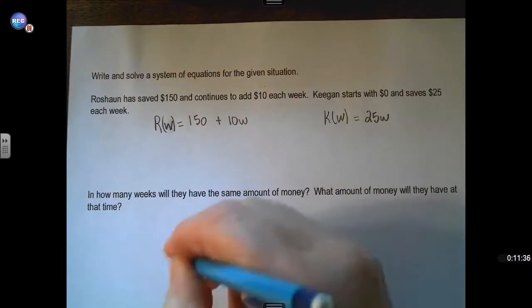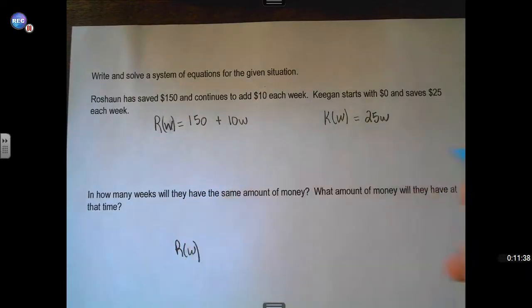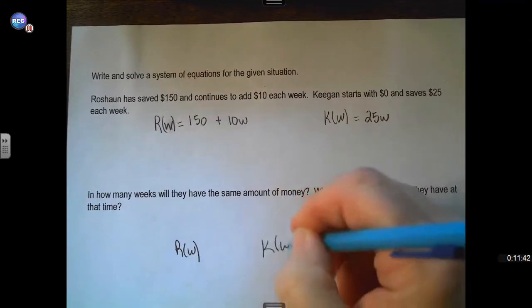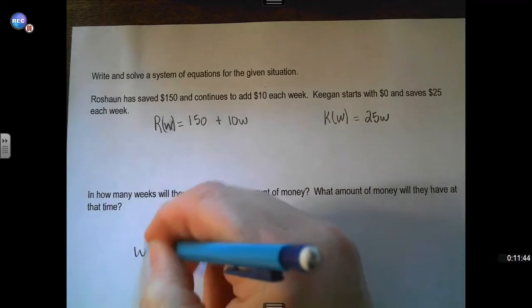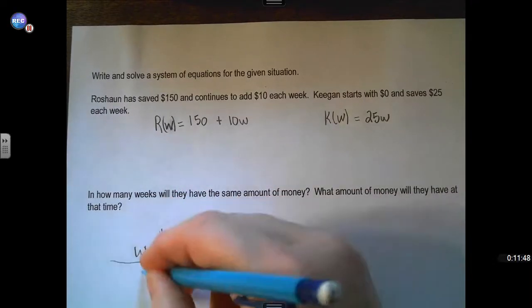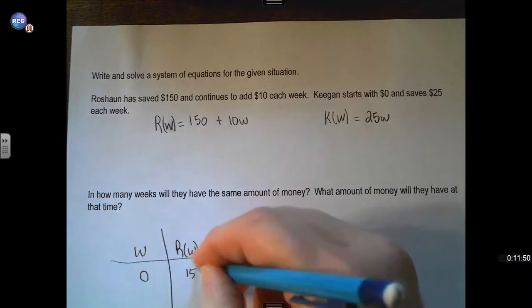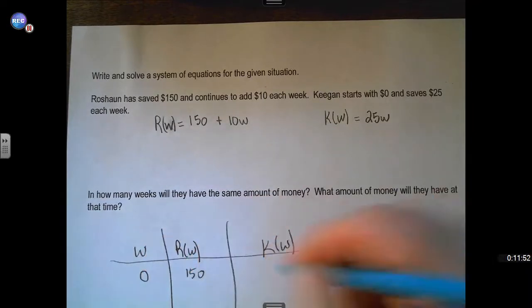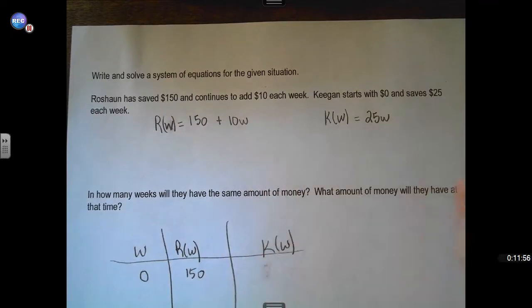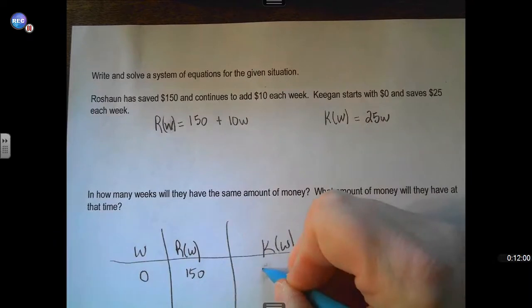Rashawn, Keegan, week. So at week 0, 150, 0.